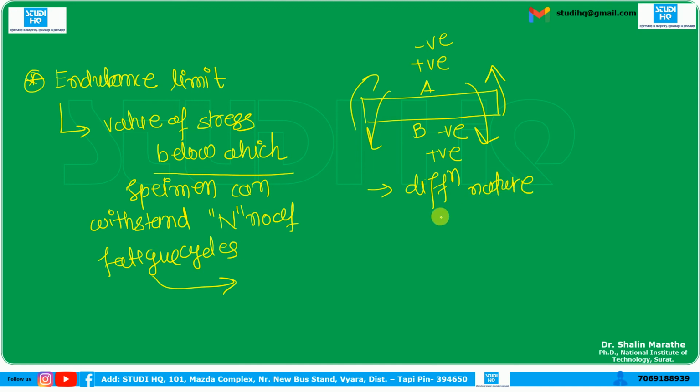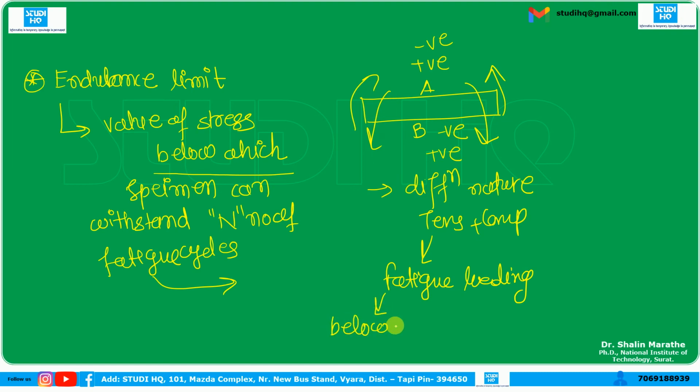So when we apply a load of different nature, tensile plus compressive, this kind of loading is known as fatigue loading. In fatigue loading, the material fails below its UTS.